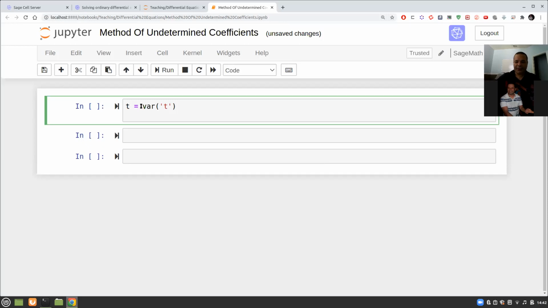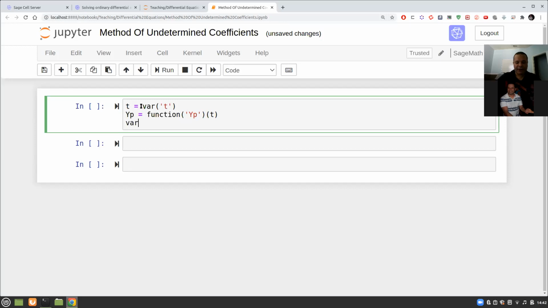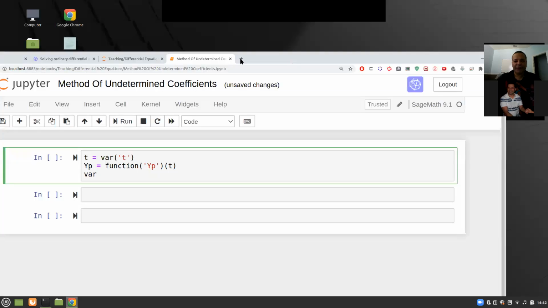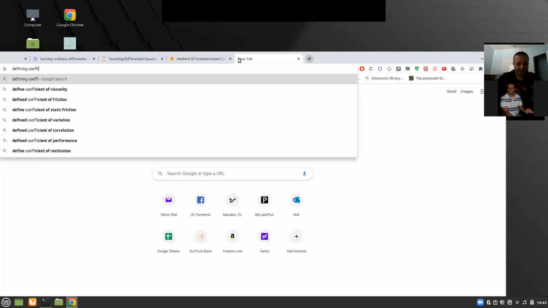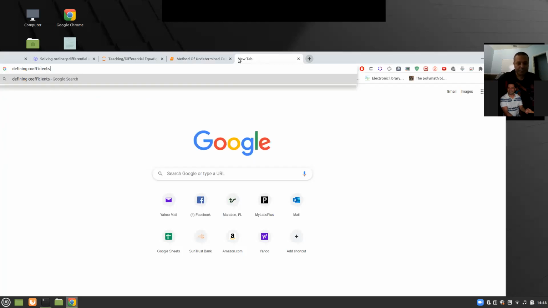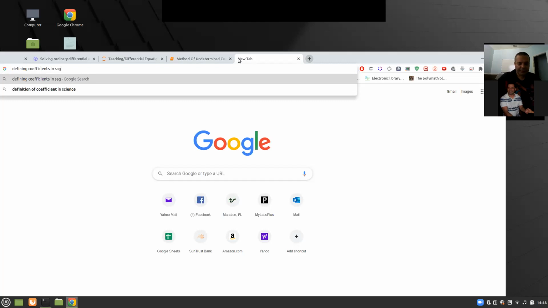I'm going to set yp equal to a function yp of t. Okay, let's set var. Let me just look this up again. I did it already, and I hate that I'm having to look it up again, but you see how it works every time. Defining coefficients in Sage Math.